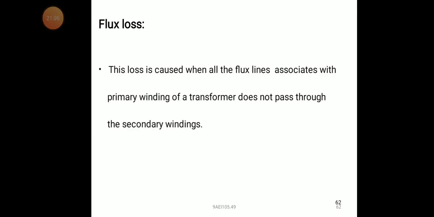This loss is caused when all the flux lines associated with the primary winding of a transformer do not pass through the secondary winding. So this is called a flux loss. A simple way to say it is that if any flux is not linked to the secondary winding, the non-linking flux is called the flux loss.